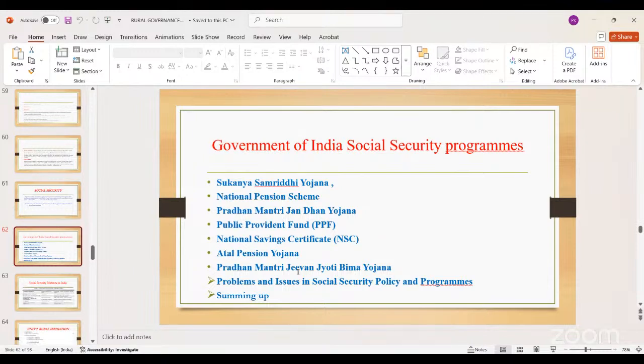So in order to ensure universal social security in our country, these programs need to be implemented effectively, and there should also be periodic review of these programs and evidence-based decision making, so that these programs can be effective in achieving their objectives.